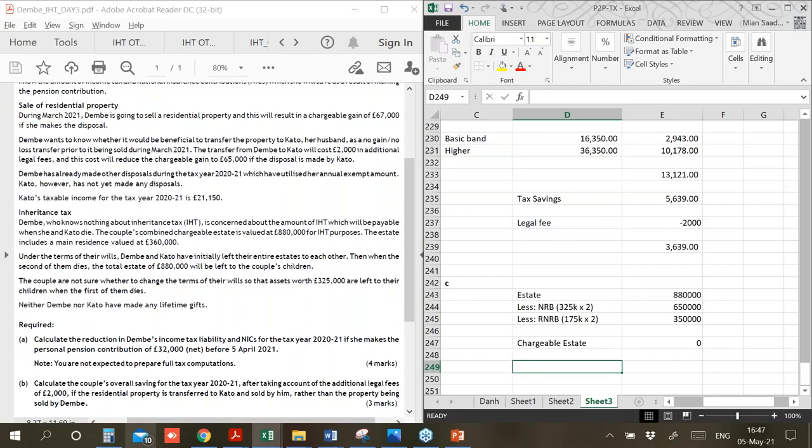Secondly, they have the main residence in their estate which they are also planning to leave to their direct descendants, therefore fulfilling the conditions of RNRB. So they can inherit the RNRB left of the surviving spouse, and in that way their total nil rate bands, be it RNRB or NRB, exceed the amount of the estate. Therefore, no strategy will give them any benefit as they do not have to pay any tax. Rather, not they, their personal representatives do not have to pay any tax on the property.